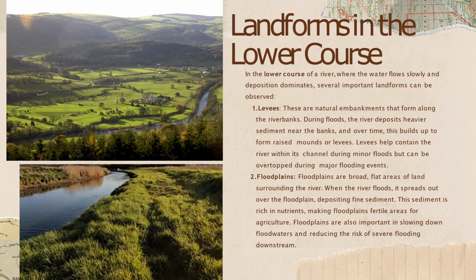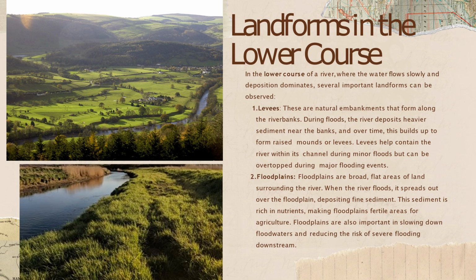In the lower course of the river, two major landforms dominate: levees and floodplains. Levees are natural embankments that formed when a river floods and deposits sediments along its banks. Over time, these deposits build up, creating raised barriers along the sides of the river.